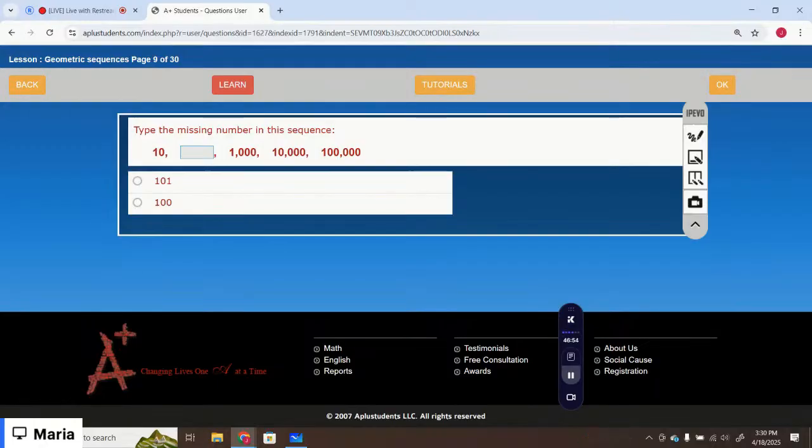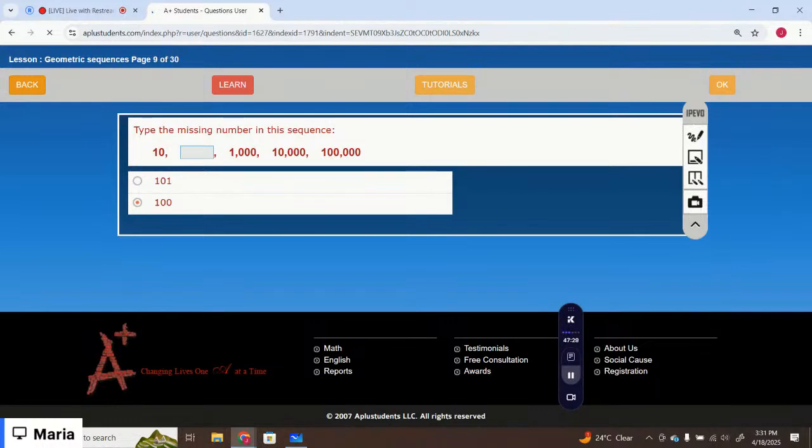Type the missing number in the sequence. That is 100. Option number 2 is the correct option.